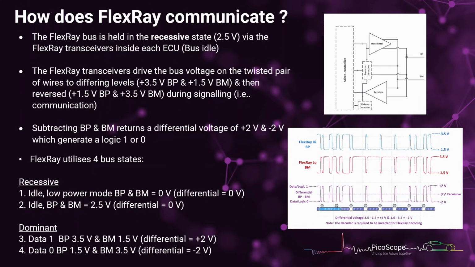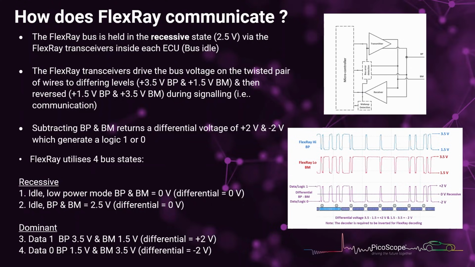Now this takes a little bit of getting your head around, because I struggled with this. Dominance 0 and 1 are the same. Let me explain that. When bus plus is at 3.5 volts and bus minus is at 1.5 volts, we have a differential of plus 2 volts. When we have data 0, logic 0, bus plus is at plus 1.5, bus minus is at 3.5. So we take away a higher value from a low value, you get a minus value.